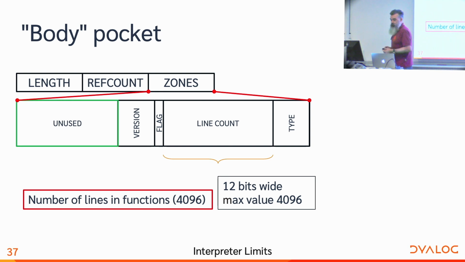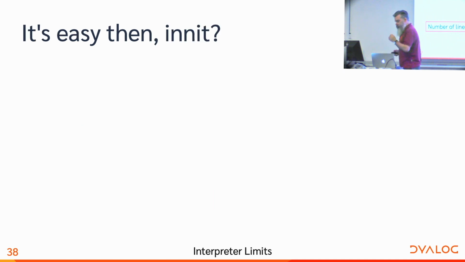Fortunately, in this body pocket, there are some unused bits, and we may be able to manufacture a way of splitting the line count between the two parts, or better yet, restructure this in some other way so that we can just have bigger numbers. So it's easy, isn't it? We just do that, and it's fine.